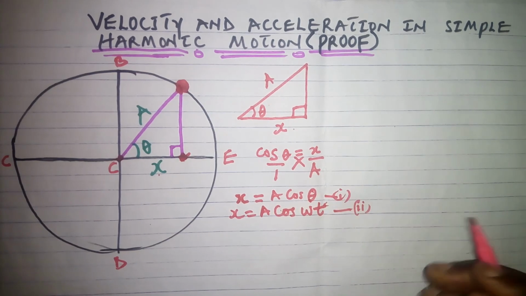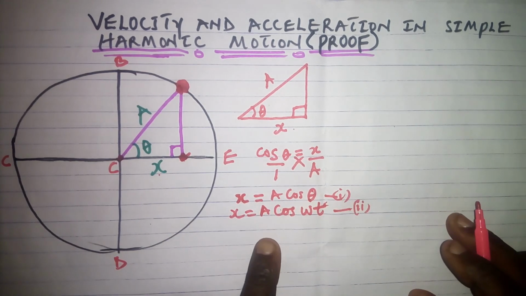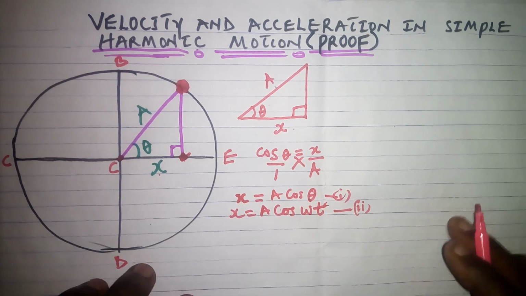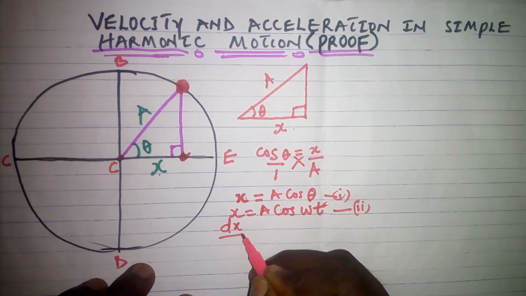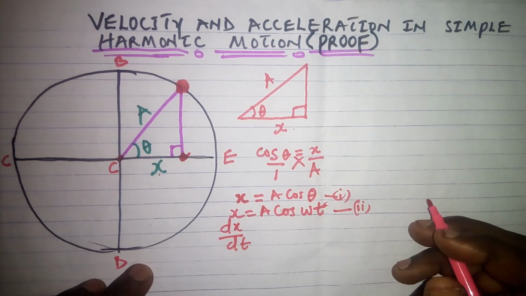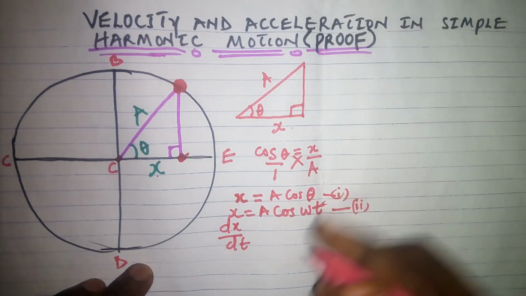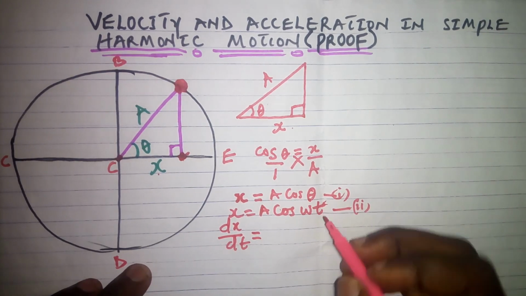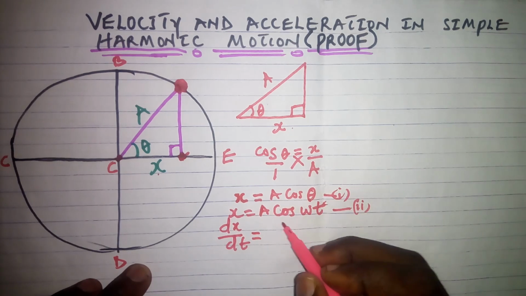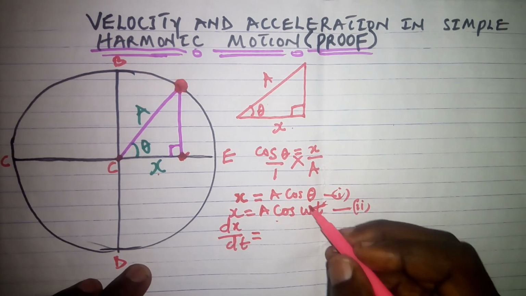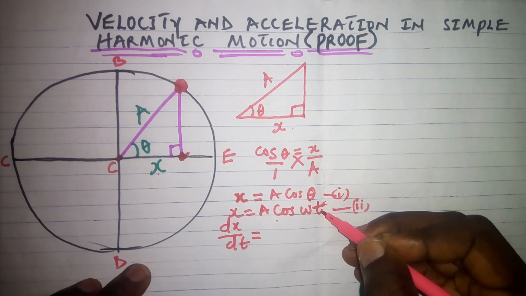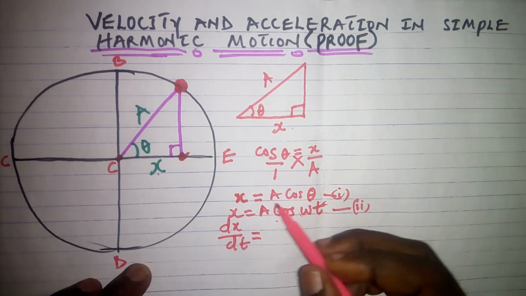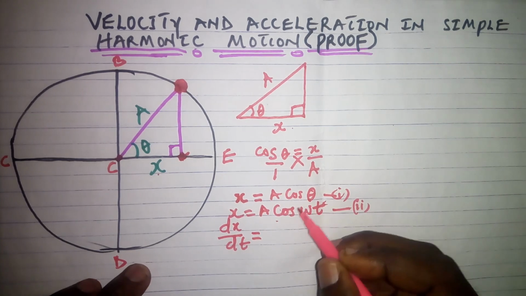and I have this as my equation 2, and then I'm going to differentiate x with respect to t. So dx/dt will now be equal to, if I'm differentiating this one, don't forget, a is standing as the coefficient of the whole cos omega t, and I'm differentiating with respect to t, the coefficient of t itself in this whole value is my omega.